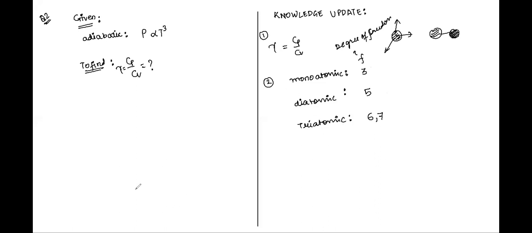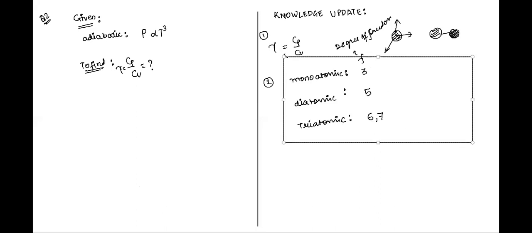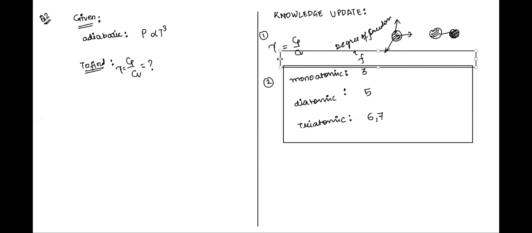Now let us see how you relate the concept of degree of freedom to the adiabatic constant gamma, which we just read. Let's start from here.